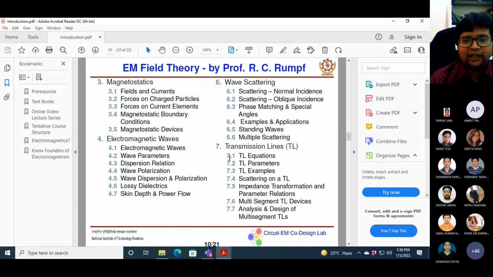Next we will talk about the transmission line. When we come to the transmission line, we are coming back to circuit theory. Up to this point it is electromagnetics, but the transmission line is one of the blocks that links circuit theory and electromagnetic concepts. The transmission line is a circuit theoretic element.